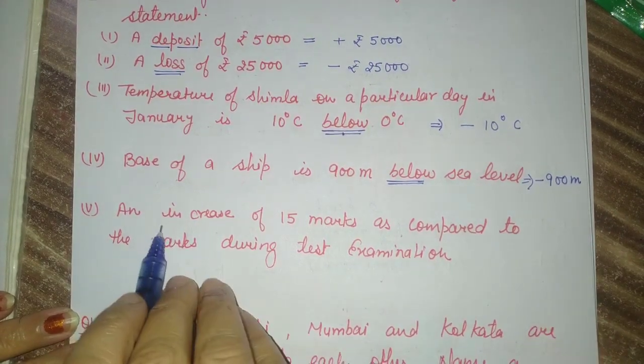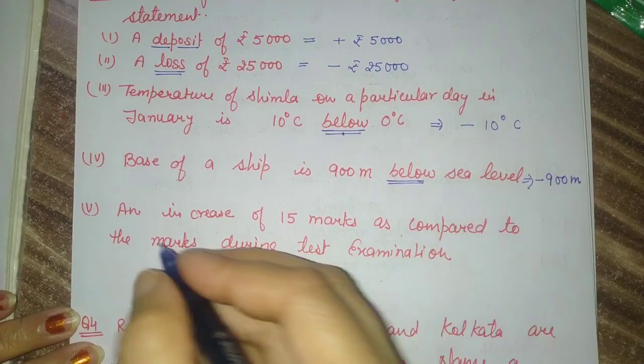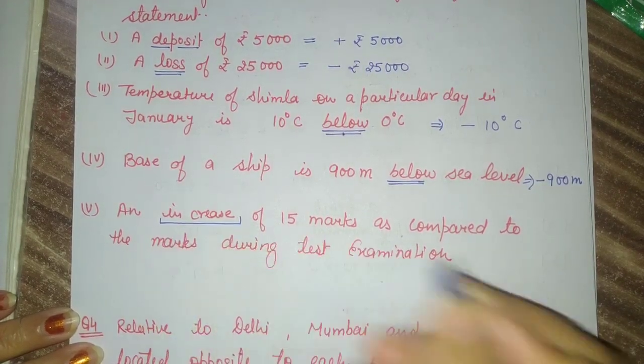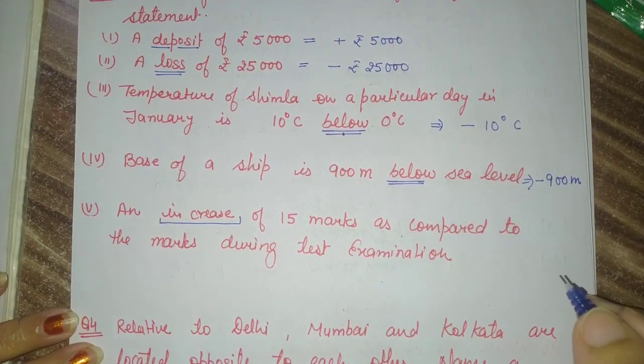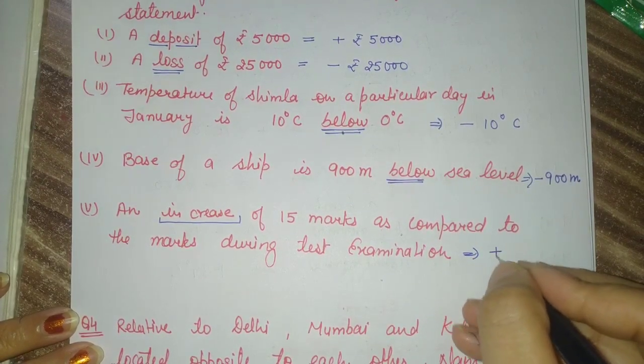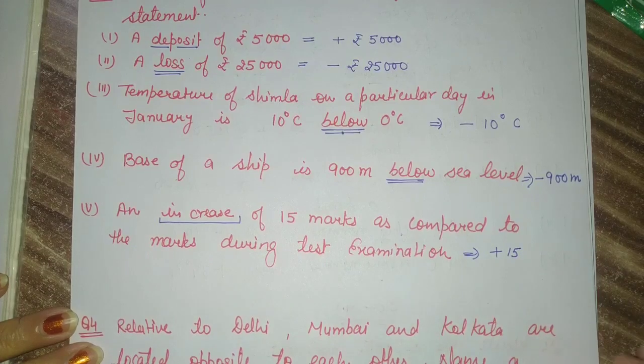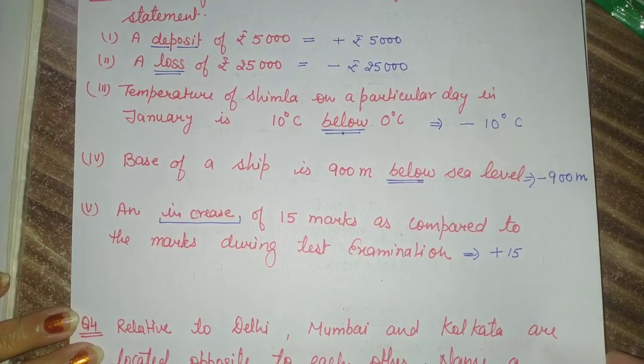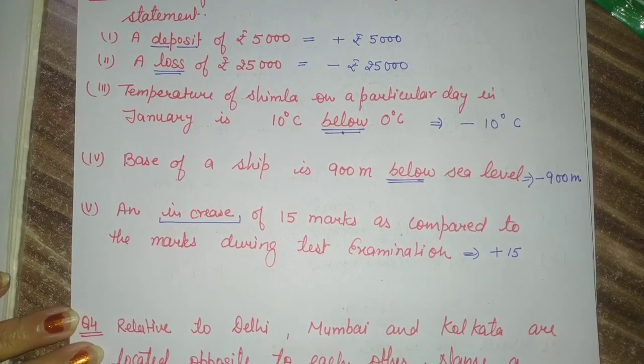Next, an increase of 15 marks. Increase is a key term that we use for the positive number. So how to show this one? Positive 15. Maybe students you have understood where we have to use the positive number and where you have to use the negative number.